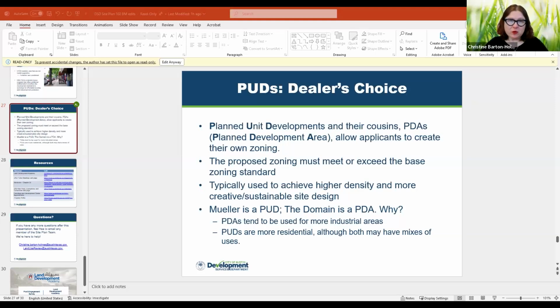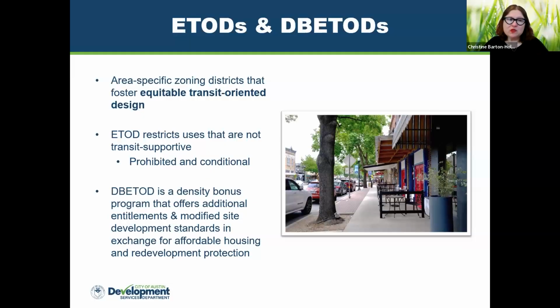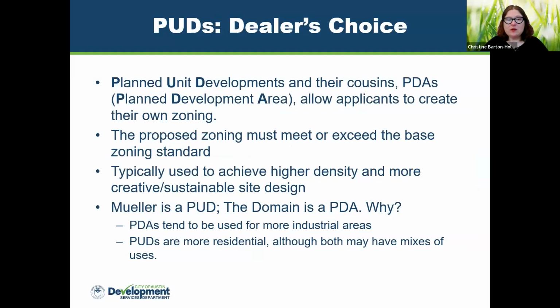The proposed zoning, what they're wanting to put in place on the site, has to meet or ideally exceed what they would typically be allowed to do. So it would need to have more sustainable elements, a little bit more open space, community amenities, that sort of thing. They are used to achieve higher density and more creative and sustainable site design than would be allowed under just the base zoning.